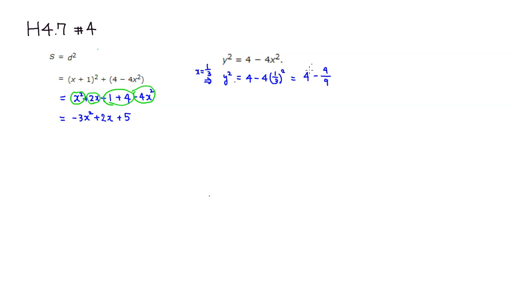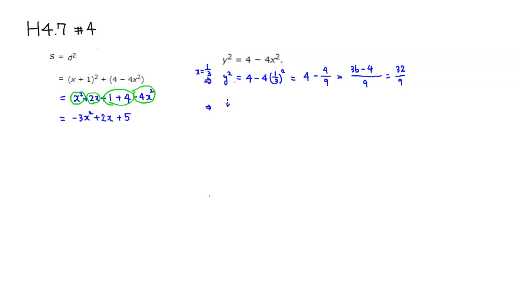What's the common denominator? It's 9. And 4 times 9 is 36, minus 4, that's going to be 32 over 9. And so this is plus or minus.